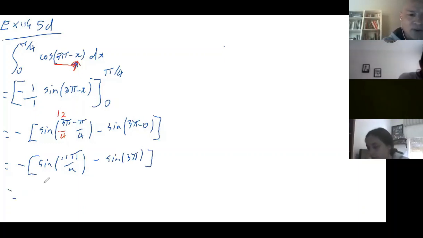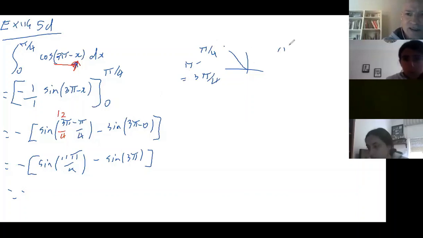Now 11 pi over 4 is really twice around the circle and another 3 pi over 4. Now 3 pi over 4, remember, is in here, so I've got to get to the pi, and I'm going to take away pi on 4 to give you my 3 pi over 4. 11 pi on 4 is 8 pi and another 3 pi over 4.